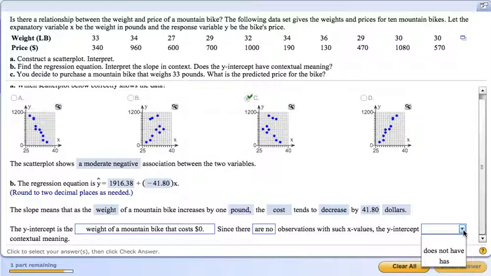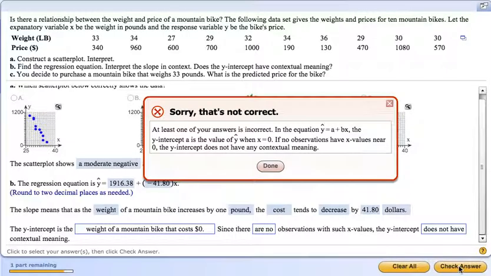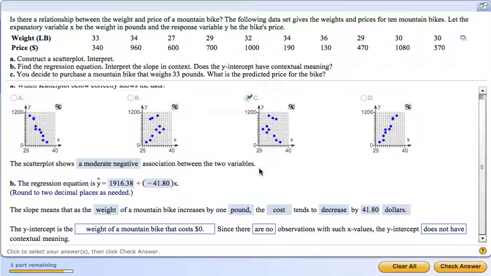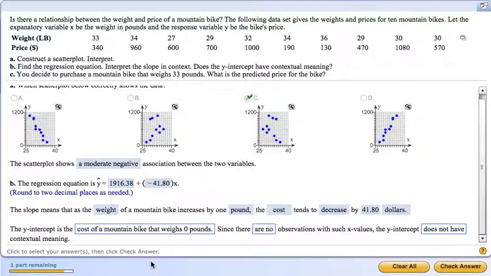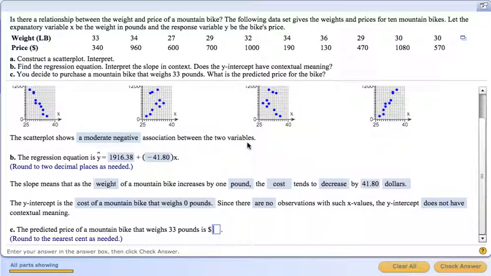That means there really isn't a bike there. So it doesn't really have contextual meaning. Sorry, I said that. The cost of a mountain bike that weighs 0 pounds. 0 is the x value. But it does not have contextual meaning. And that's what we're looking at for that question.